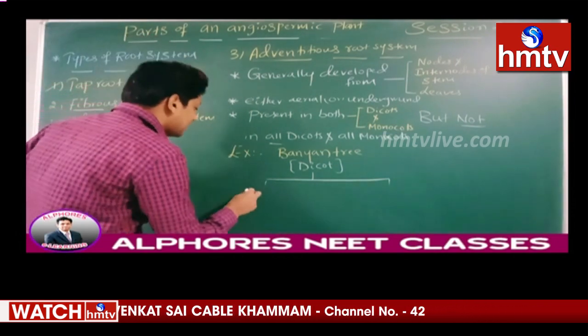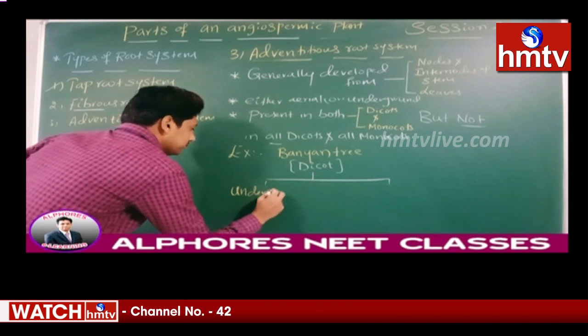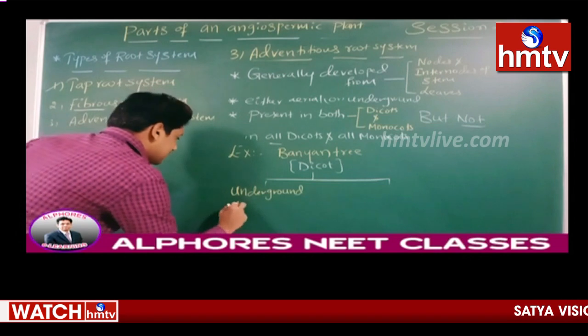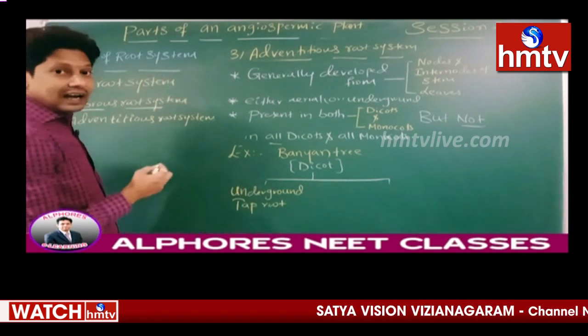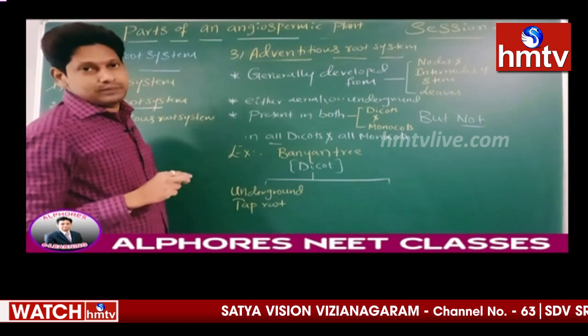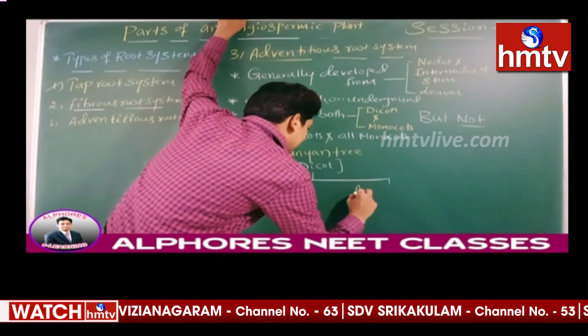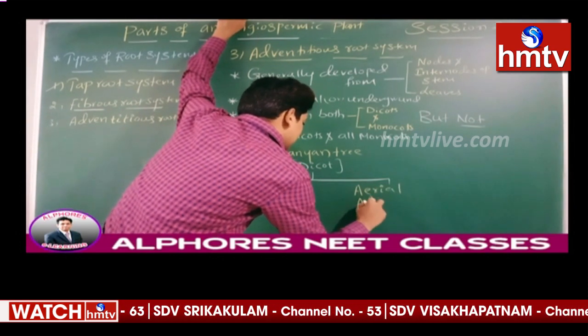Therefore, the banyan tree contains underground tap roots. It also contains aerial roots. Right? Those aerial roots are adventitious roots. Therefore, aerial adventitious roots.